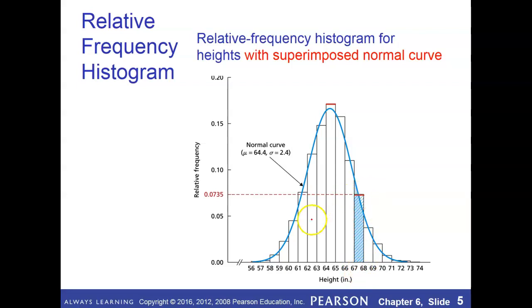So this is a histogram, and then we can put this curve that kind of goes through the middle of most of those bars, just to give us a shape of the data. And so you can see the shape here, the 67 to 68 is the area of this rectangle, which is similar to the area underneath the curve that we superimposed on this frequency histogram. So we're going to talk more about the relationships between the curve and the histogram in a little bit.